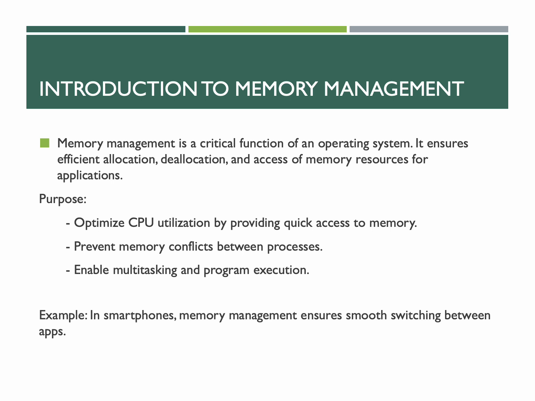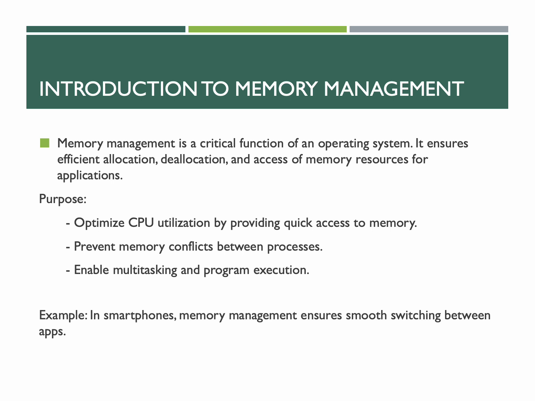The purpose of memory management includes three key goals. One is optimizing CPU utilization. By providing quick and direct access to memory, it helps the CPU work efficiently. Second is preventing memory conflicts.